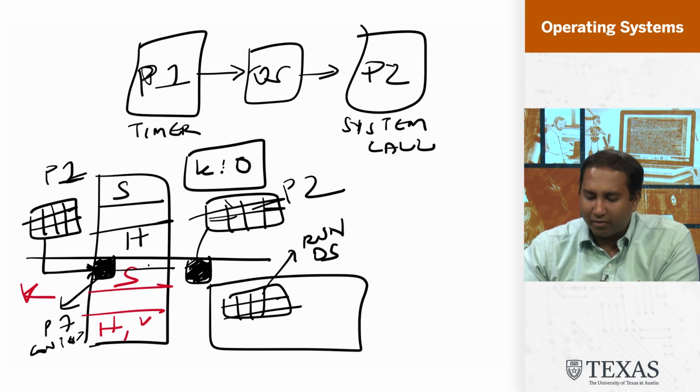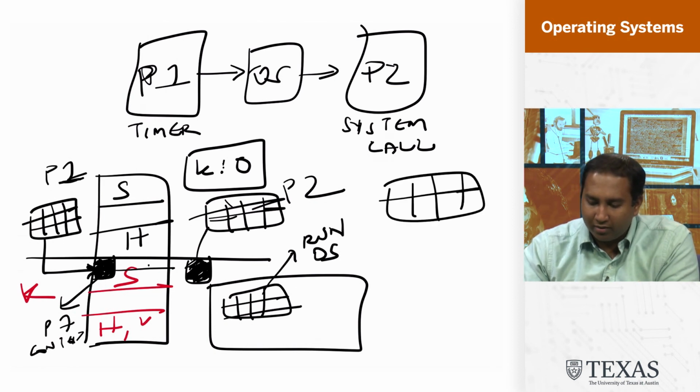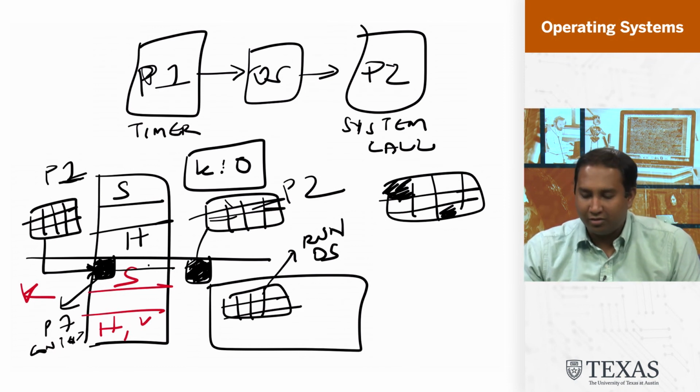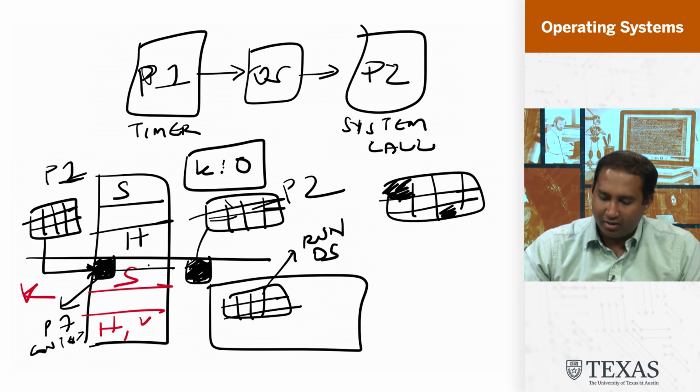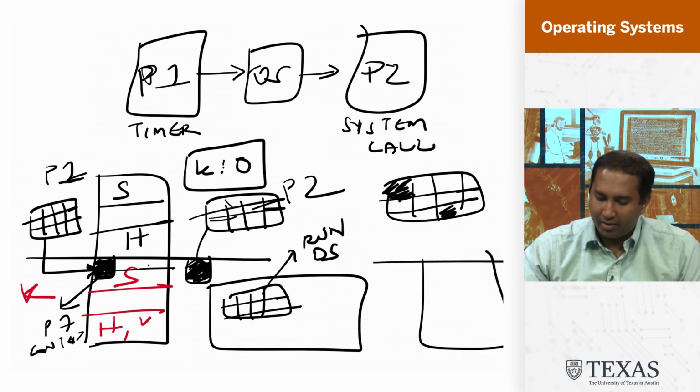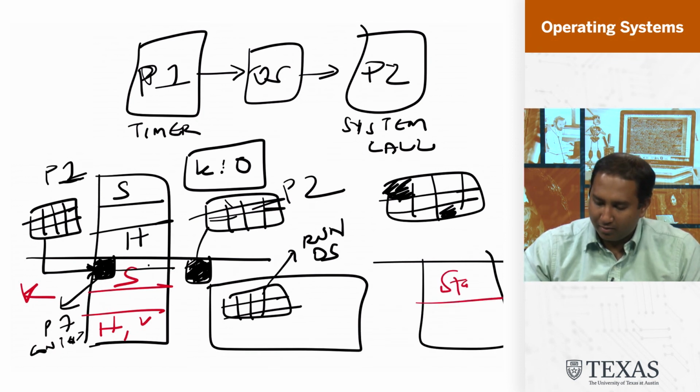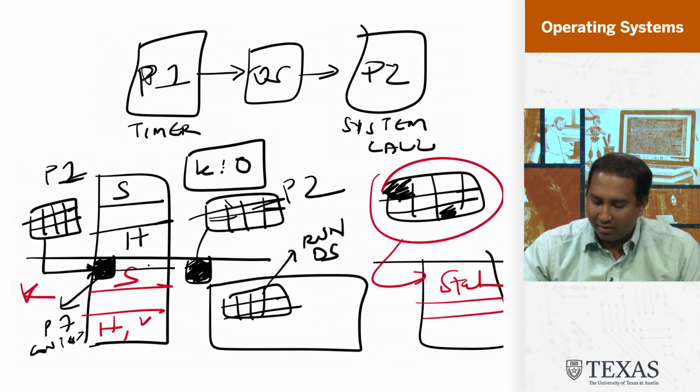At some later point of time, P2 runs and its registers have changed. It was looking like that, and now it's changed a little bit. Let's say P2 makes a system call. At this point, once again, there is a kernel stack, and this new state is saved as context in the stack.